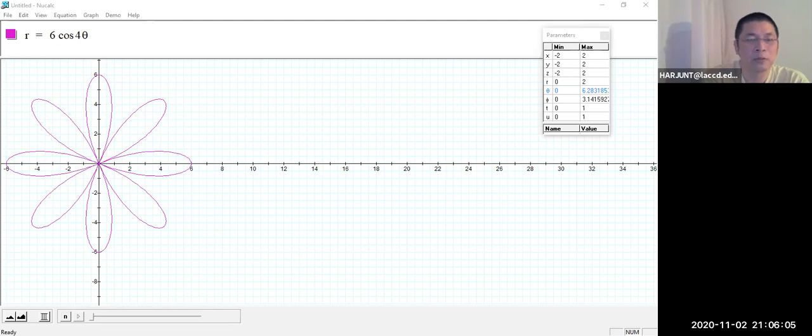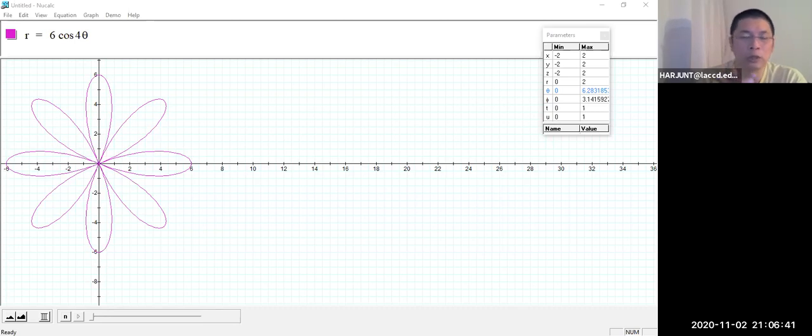But Thomas, for cosine 4 theta, it seems like it also has symmetry with respect to y-axis. Why is it that when the coefficient is even, we have that phenomenon? Why is it that when the coefficient is even, it becomes symmetric with respect to x and y-axis, but when the coefficient is odd, you have only one symmetry?